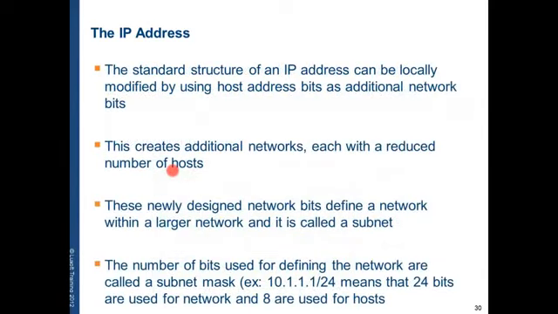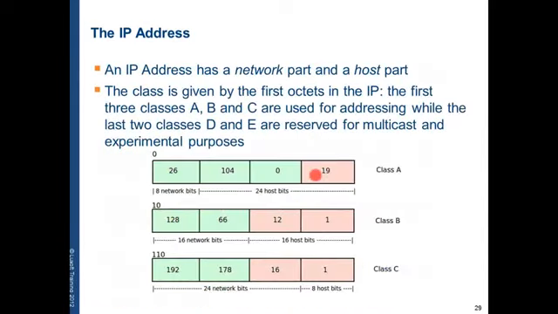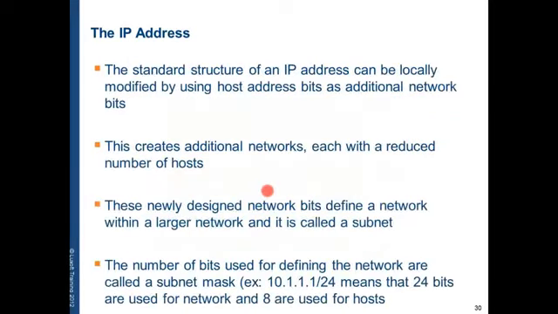The standard structure of an IP can be locally modified by using the host bits to define a network. For example, from class A, for host, we have 24 bits to define a host, and we can use some of these 24 bits to add to the network part.